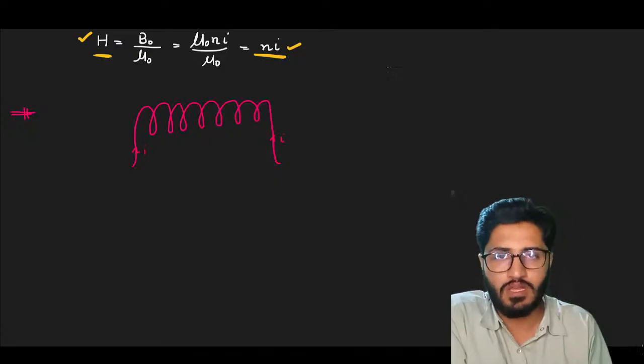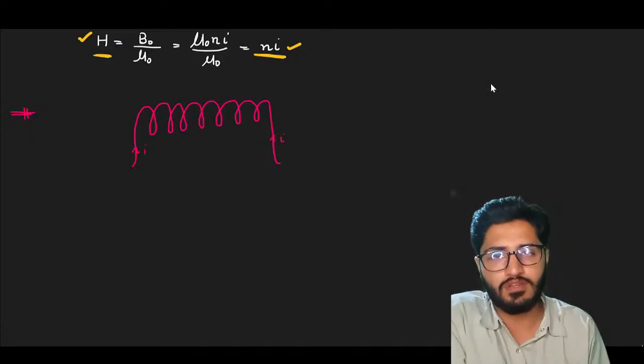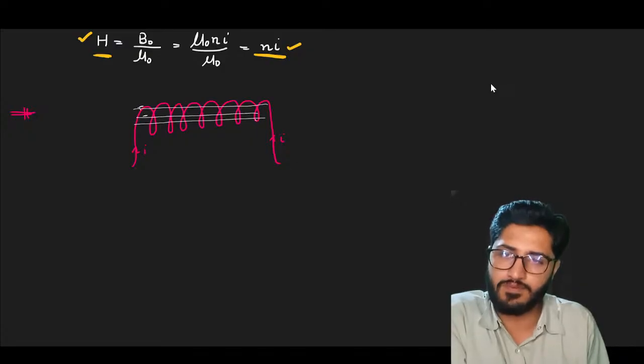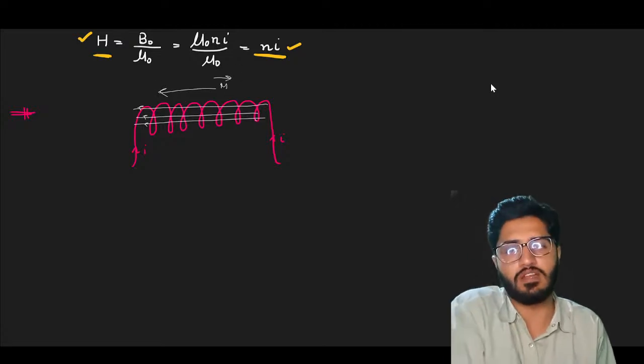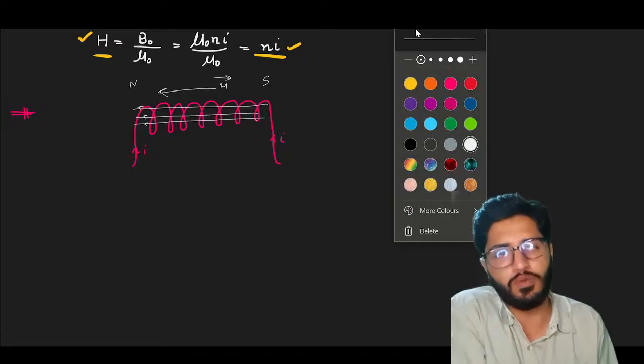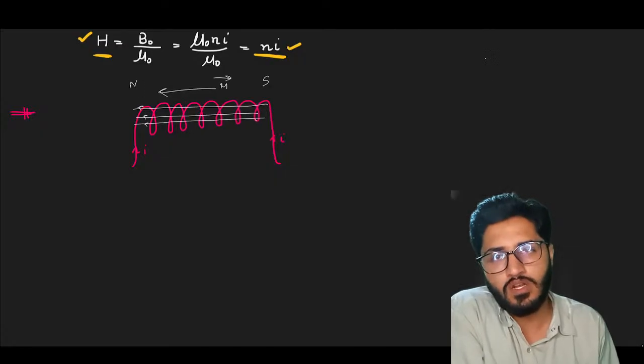We know there will be a magnetic field in this way, so my magnetic moment will be in this way. We know this very well. So this is the south pole, and this will act as the north pole. Now let us place a ferromagnetic substance here.